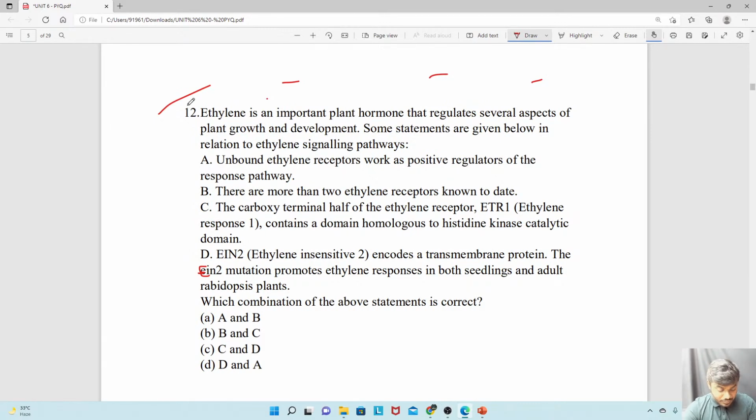Question number 12. You can answer this question very easily, friends. We have discussed this.